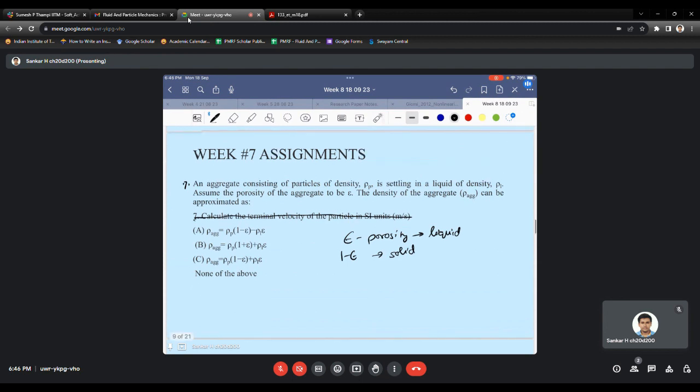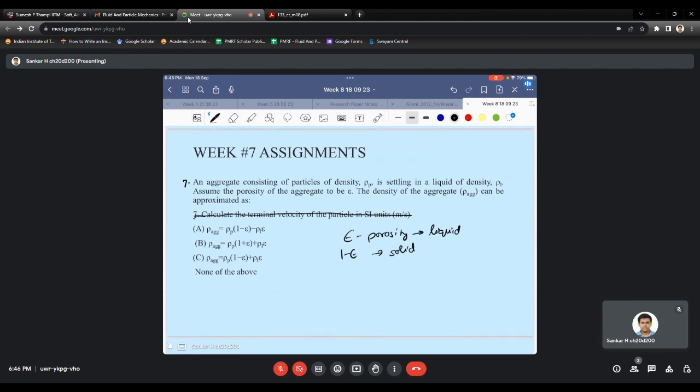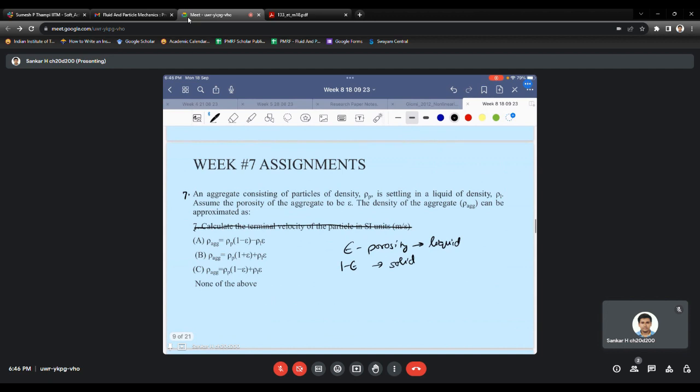Therefore, the density of the aggregate can be approximated by the volume fraction of solids times density of solid plus the volume fraction of liquid times the density of liquid. So volume fraction of solid is 1 minus epsilon times rho p plus volume fraction of liquid is epsilon times rho l. Therefore, the correct answer is option C.